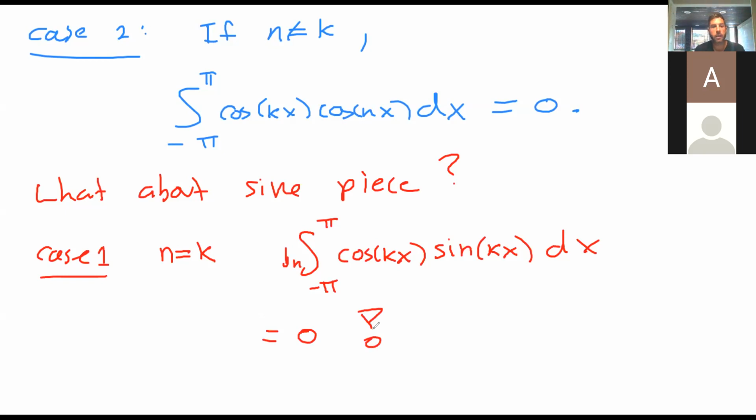And by the way, if you want a real quick way of telling it's 0, notice that cosine is an even function. Sine is an odd function. So an even function times an odd function is an odd function. Look at the graph. You'll see the symmetry playing out. If you integrate an odd function over a symmetric interval about the origin, the integral is always 0. So that's a shortcut way of seeing this. Another way of seeing this is just to do it out.